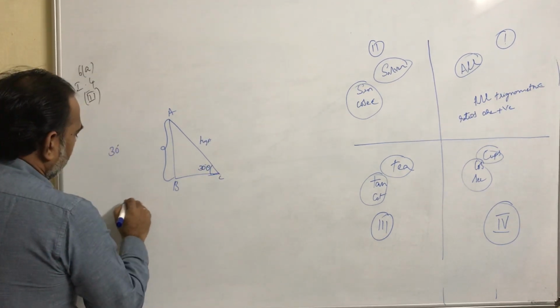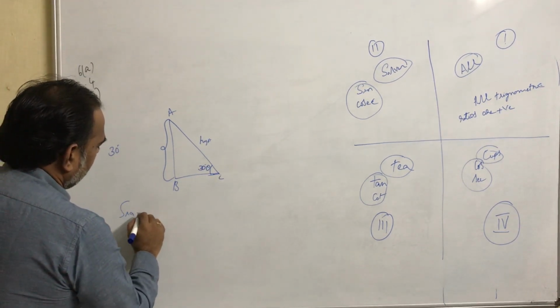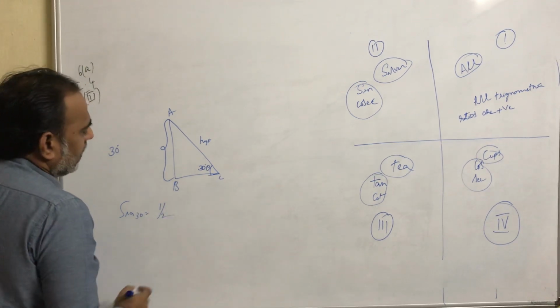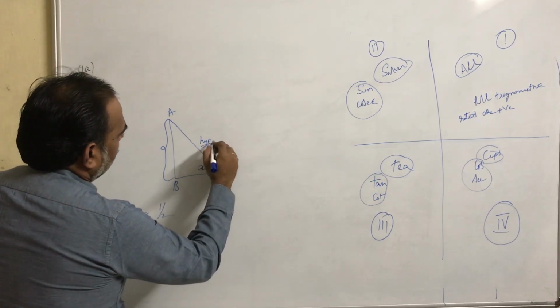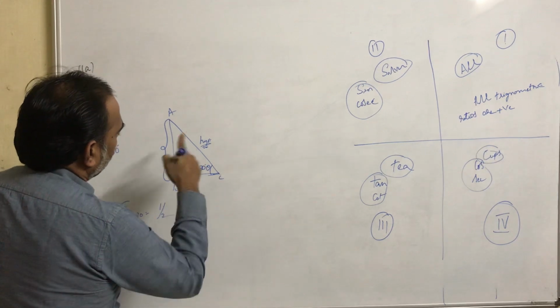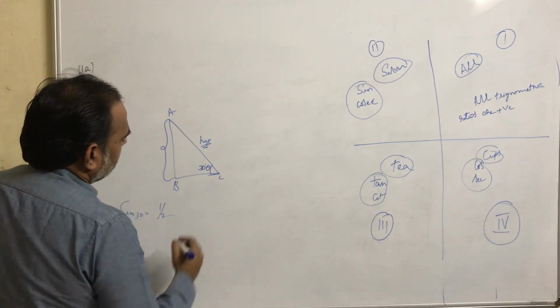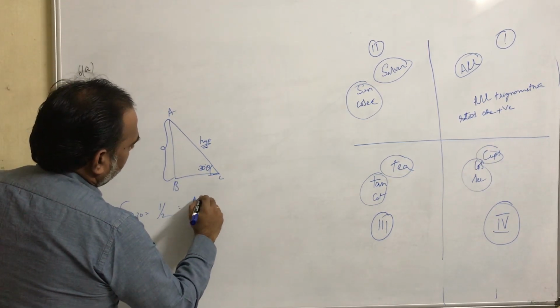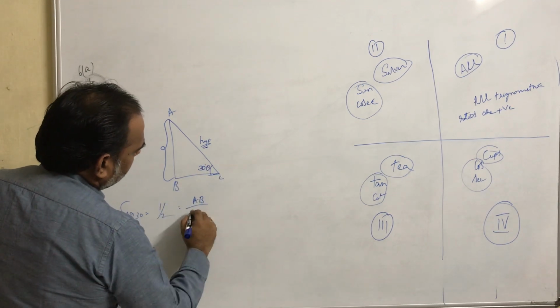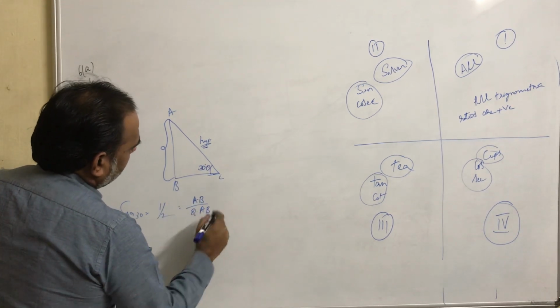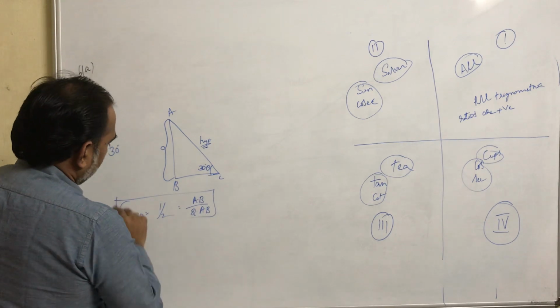Let us say sine 30 equal to what? Half. That means hypotenuse is double the length of this opposite side. That means if the opposite side is AB, the hypotenuse length is 2AB. Okay, that is the meaning.